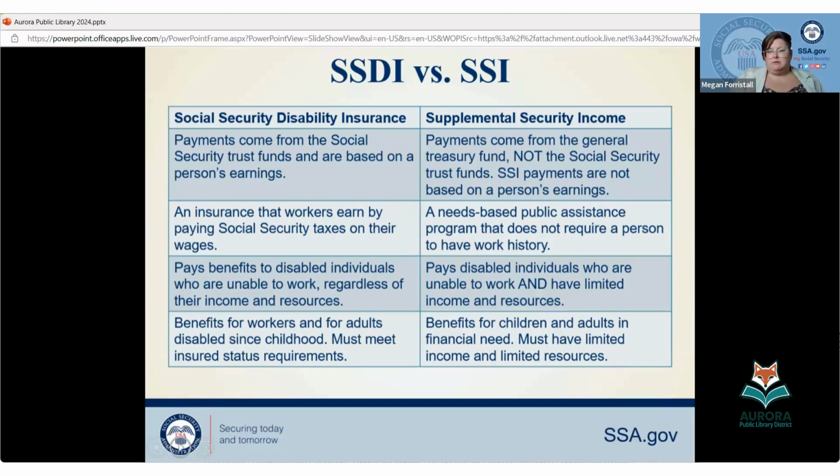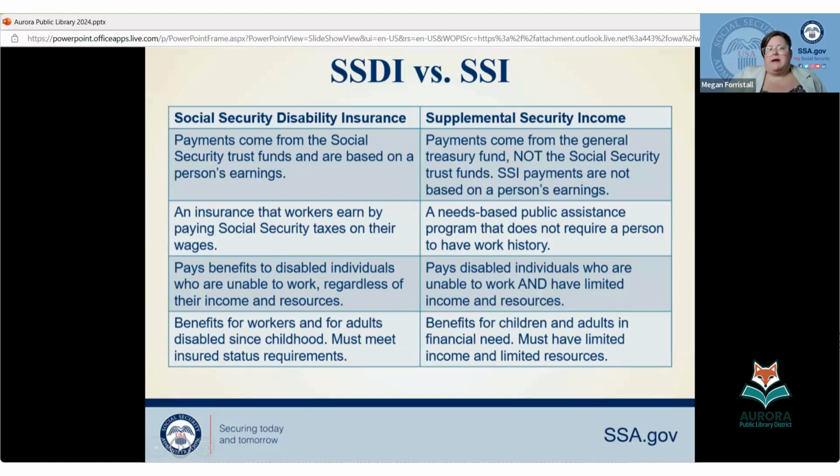You can still get Social Security disability because it's not a needs-based program. You're going to get back out monthly based on what you paid into it, if you're found medically disabled. And with Social Security disability, there might be benefits eligible for other members of your family, such as spouses or children, other people on the record.